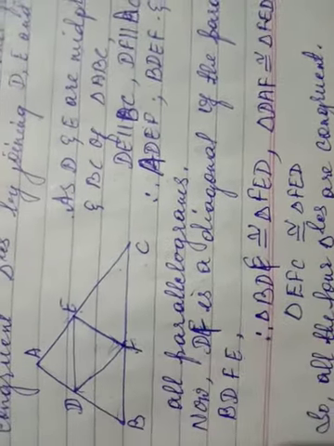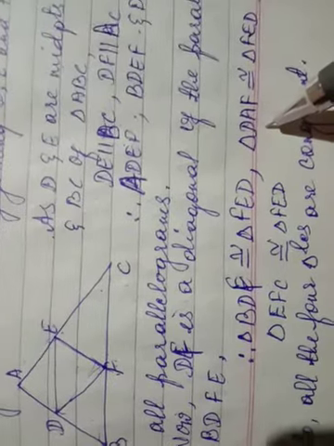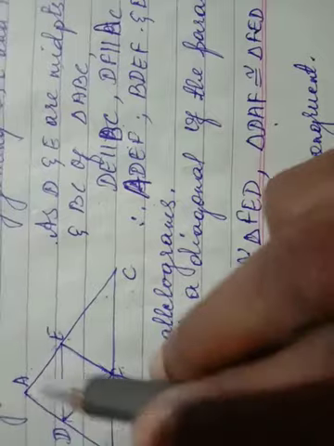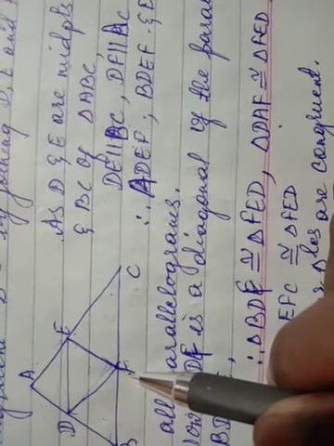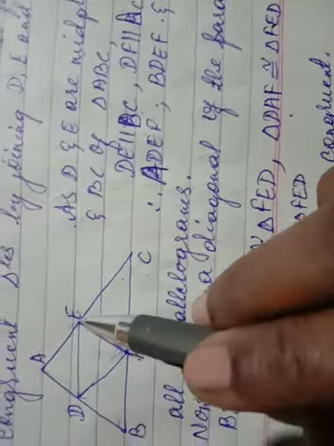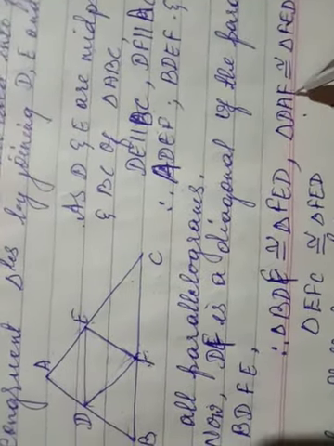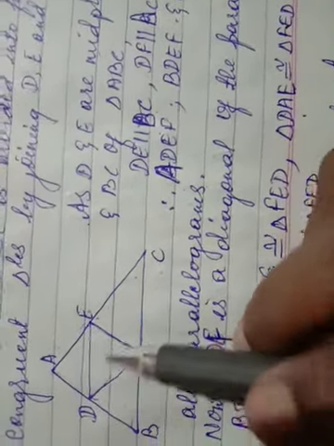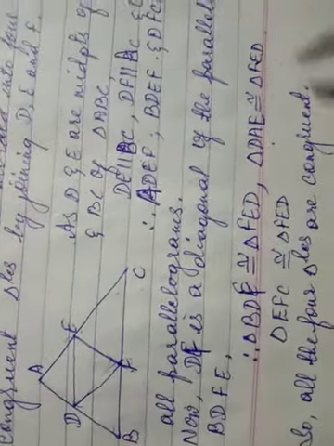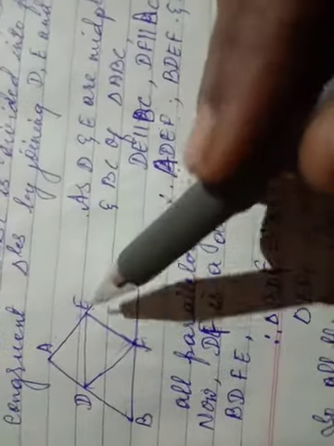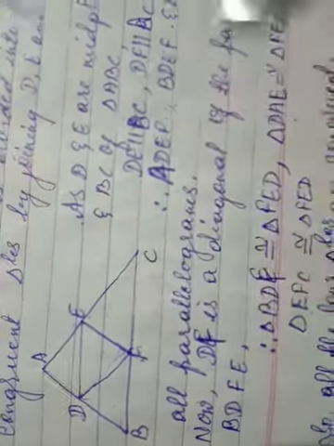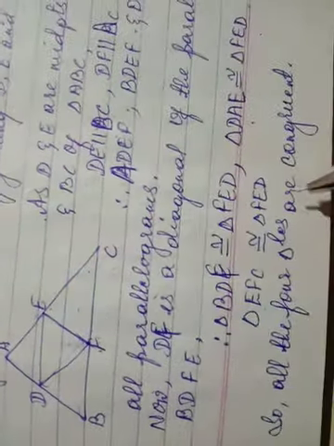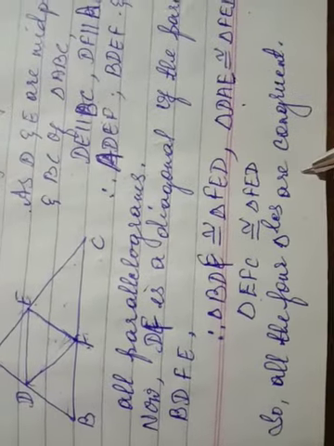These two triangles are congruent, and same DAE is congruent to FED. These two triangles are congruent, and EFC is congruent to FED. These two triangles are congruent. So all the 4 triangles are congruent.